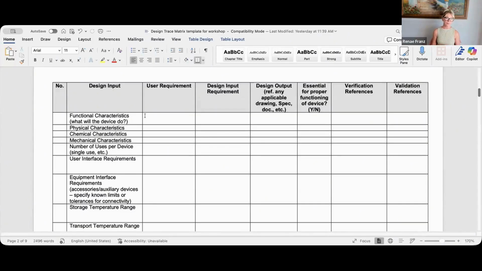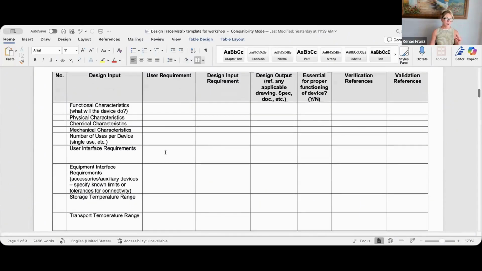And while I'm waiting for you to think about that, I will just use the example of the whole blood mixer. So functional characteristics. This device that we were designing was used on blood donors, and it needed to not only weigh and mix the blood, but it had to shut off at a very specific weight so that the blood to anticoagulant ratio was correct and also would not harm the donor, so it wouldn't take too much blood from the donor.